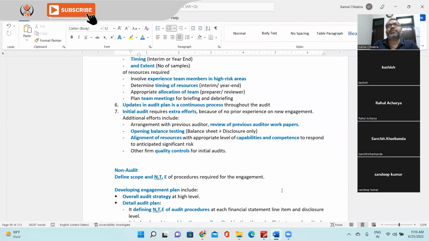Let's say, for example, you are doing an audit for the financial year 21. In financial year 21, when you have done the planning, right, let's say inventory is the area where you have not assigned any significant risk or high risk or risk of material misstatement or fraud, right? Everything was going smooth.